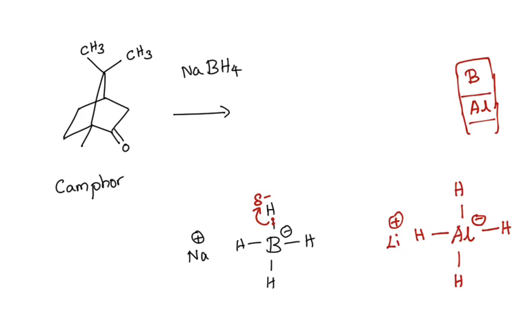But aluminum hydride is a stronger reducing agent because the length of this bond is longer compared to the borohydride, right? So it's a longer bond, so the electrons can go with the hydrogen easily. We'll study more about this in the lecture, but for now, hydride comes from borohydride.